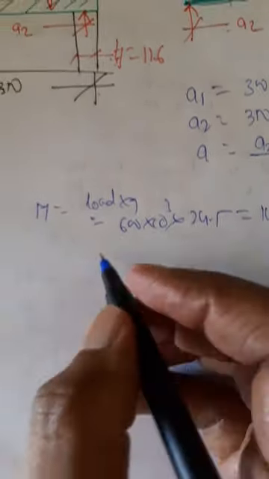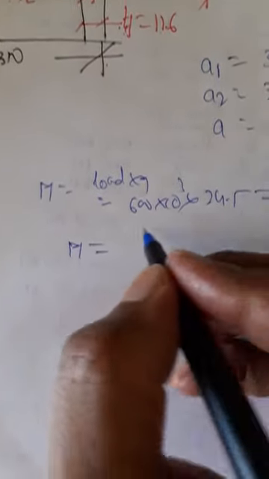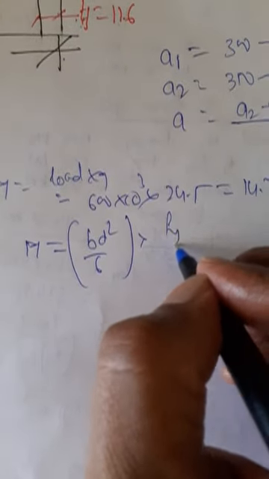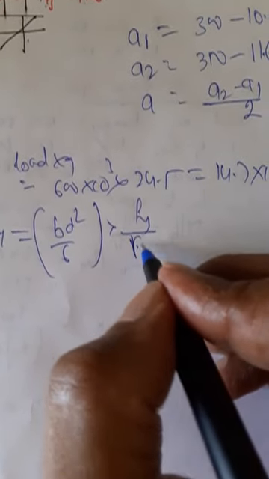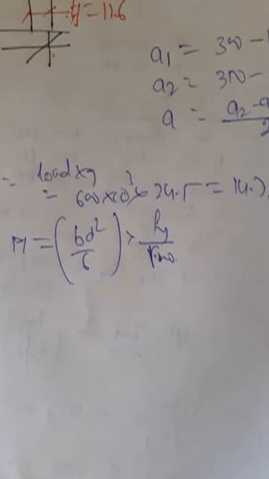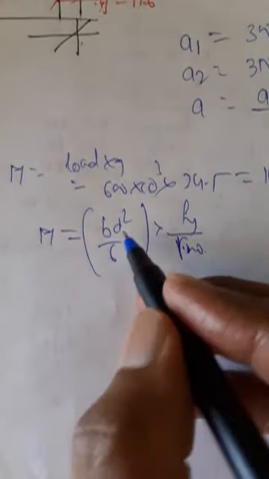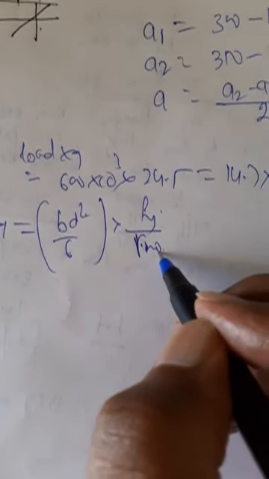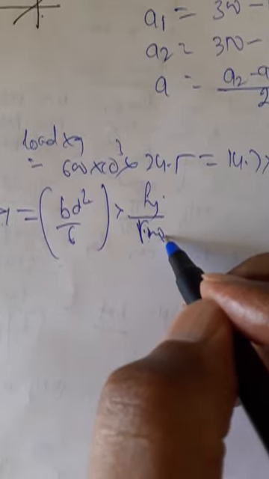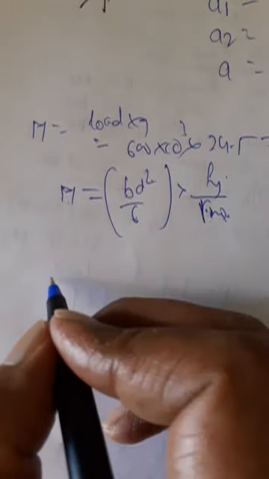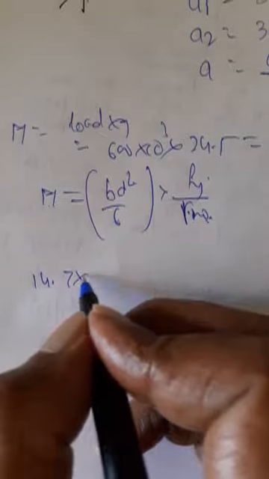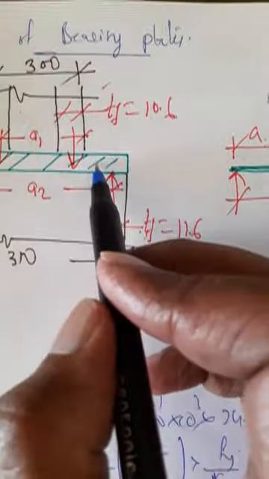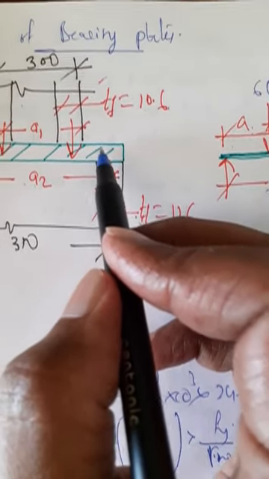Next, I have the equation moment M is equal to B D square by 6 into Fy by gamma M naught, partial safety factor. So moment M 14.7 into 10 raised to 6 is equal to B of this bearing plate.